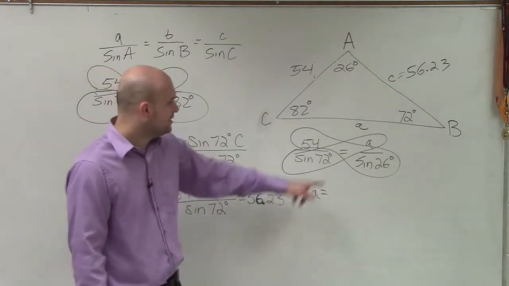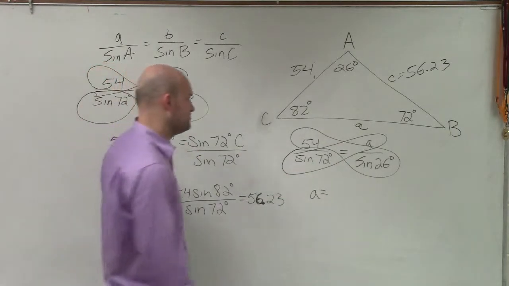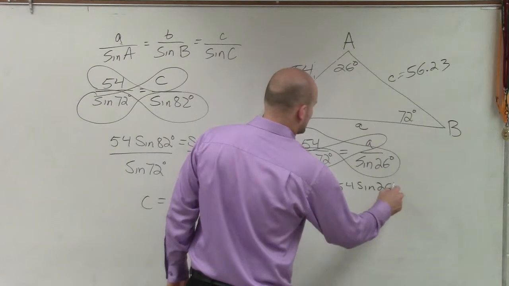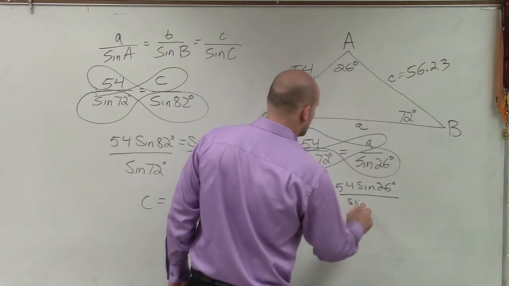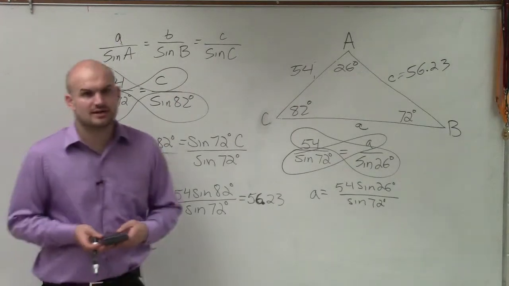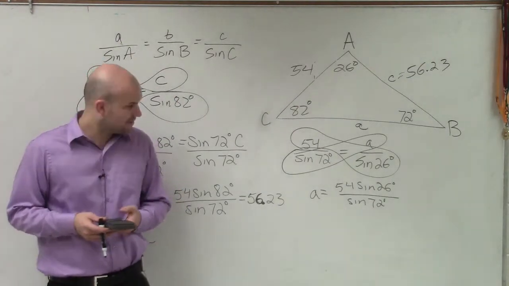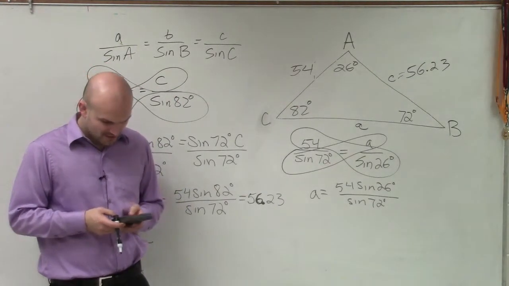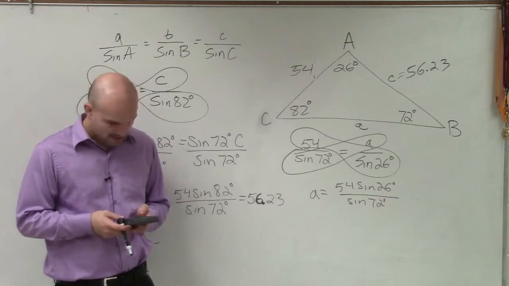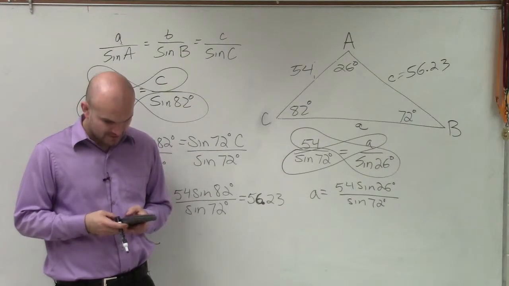So A is 54 times the sine of 26 degrees divided by the sine of 72 degrees. Does everybody follow? I just did two math operations together.